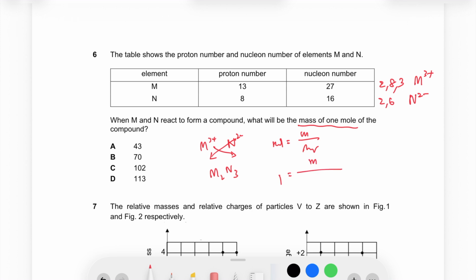Mr is 27 times 2 plus 3 times 16. When you rearrange, it will be 54 plus 48, so you get 102 grams. So the answer will be C.